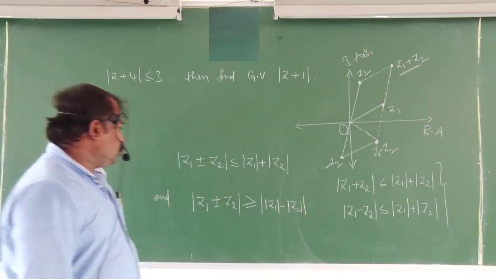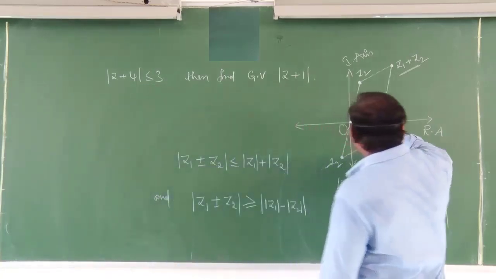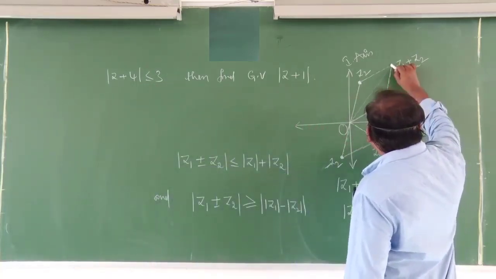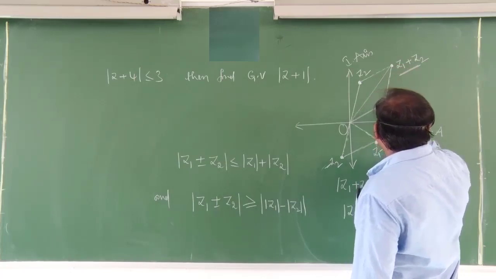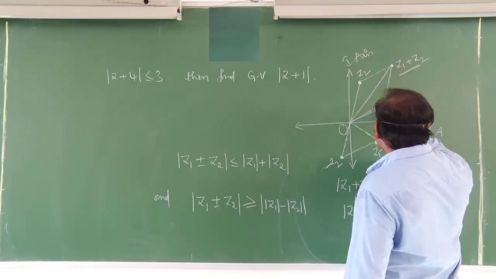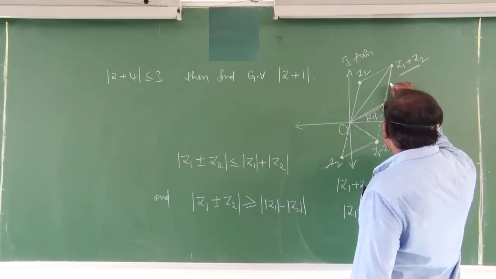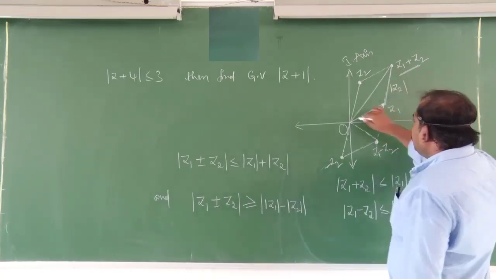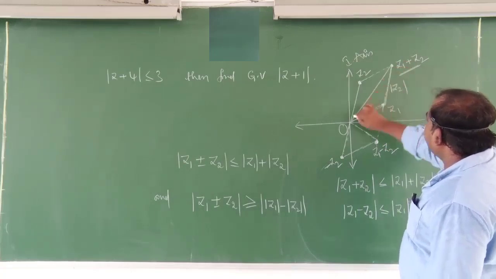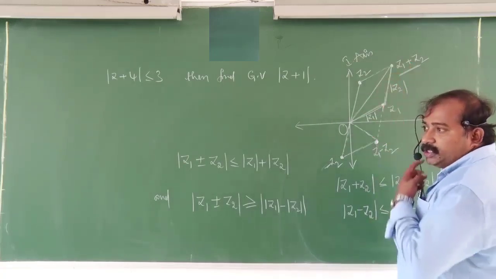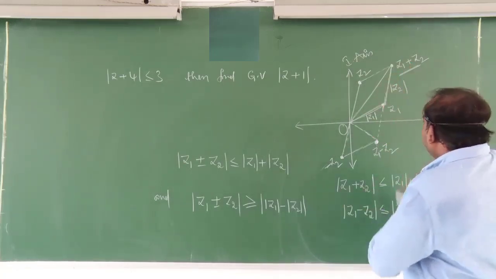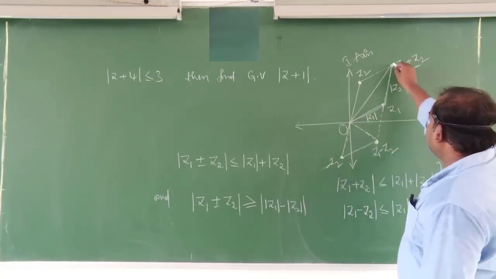Automatically, if you observe here, this is one triangle, O Z1 and Z2. This is mod Z1 and this is mod Z2. The length of the third side is always greater than the difference of the two sides.